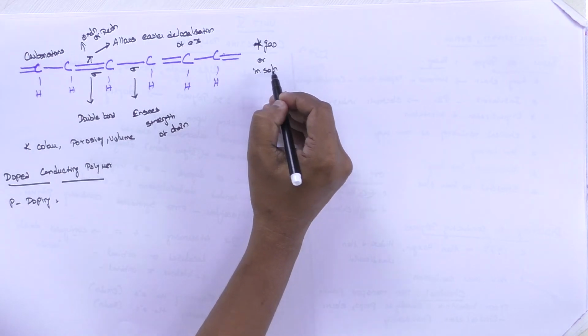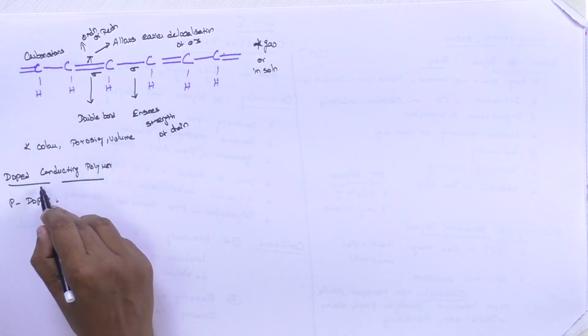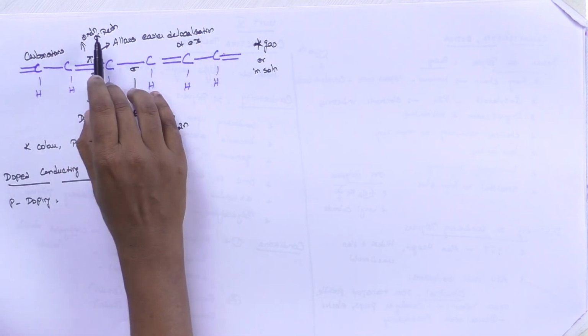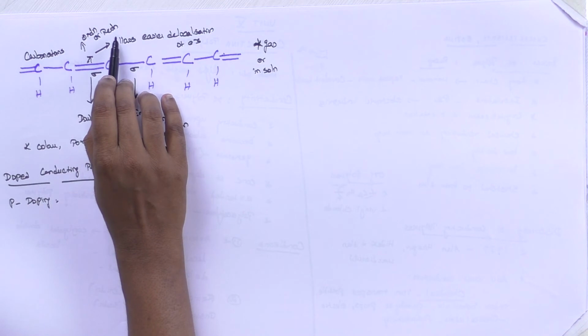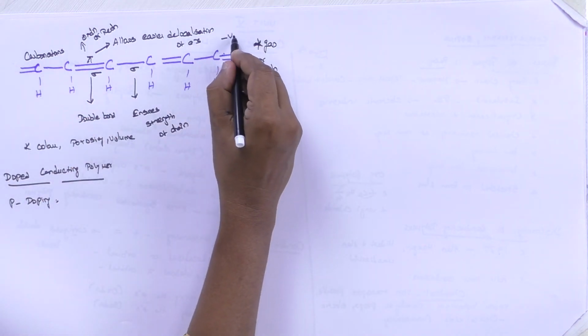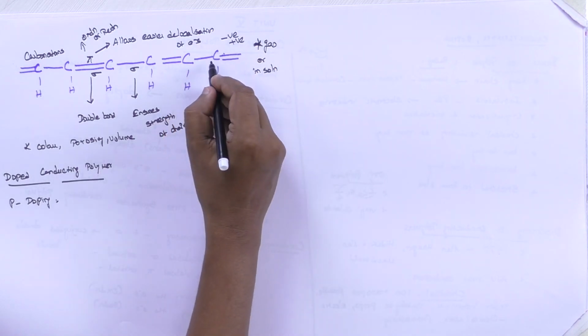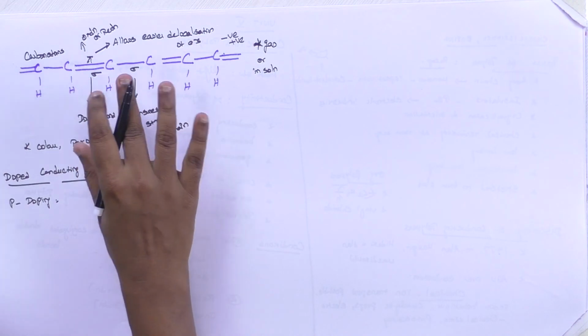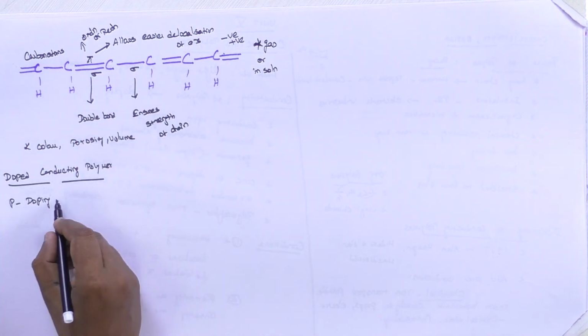So doping is the process by which the conductivity of the polymer can be increased by creating a negative or a positive charge on the polymer backbone. You can carry a negative or a positive charge on a polymer backbone by oxidation or reduction. So this is what a conducting polymer is, and doping may be of two types.